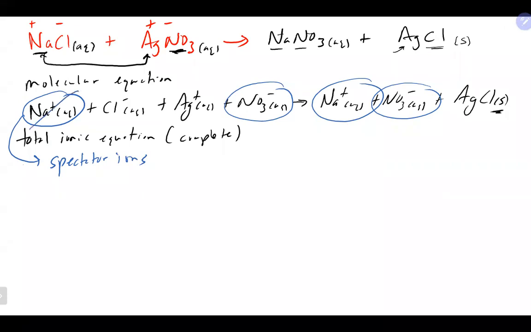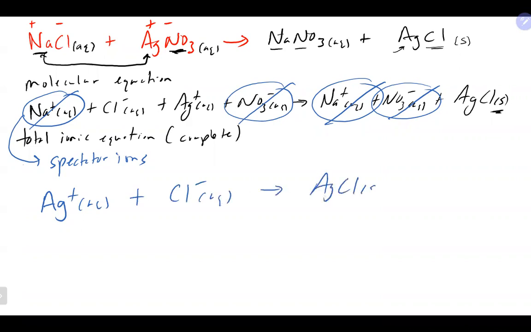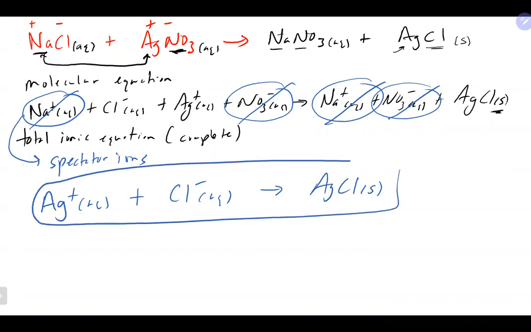We typically cross those guys out in our total ionic equation. And that leaves us our last type of equation we talked about, which is our net ionic equation, which would be our silver ion plus our chloride ion is making the silver chloride. So this is really the sort of the reaction that's taking place.